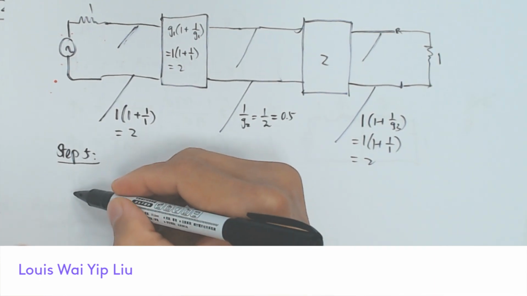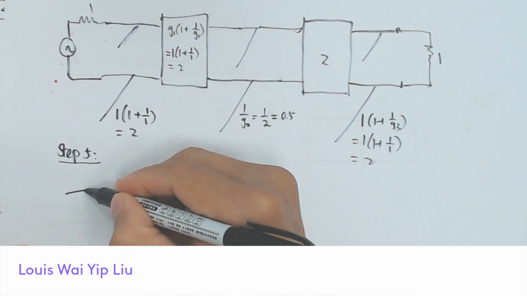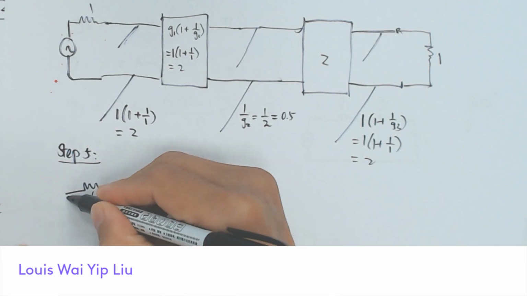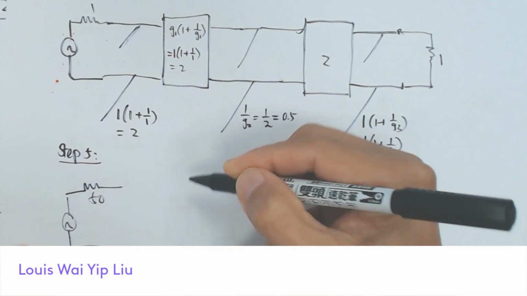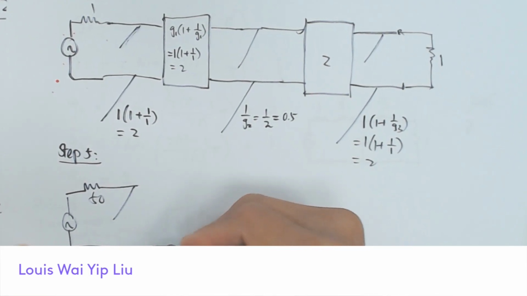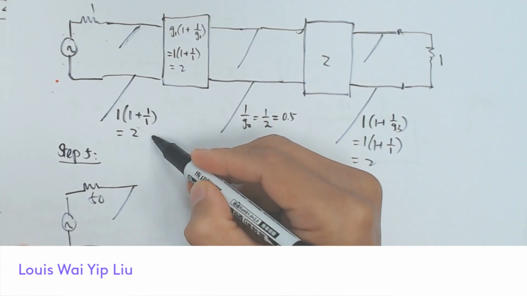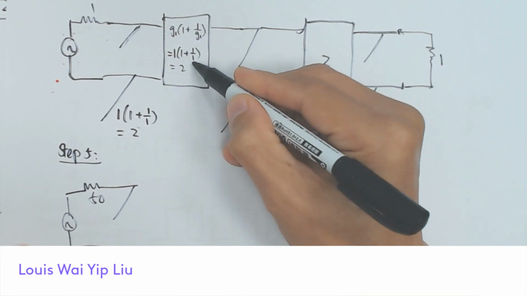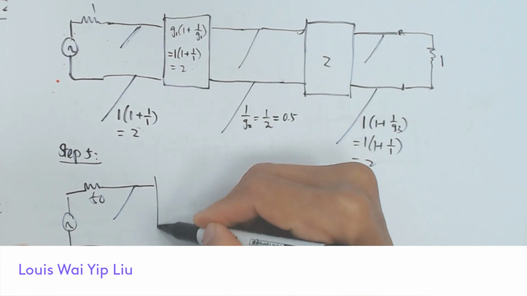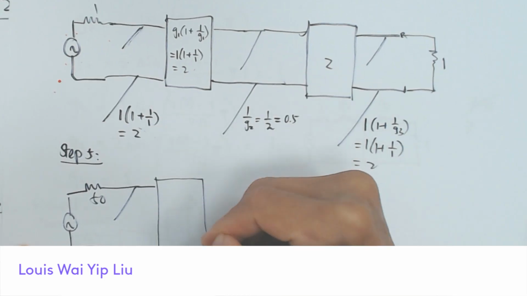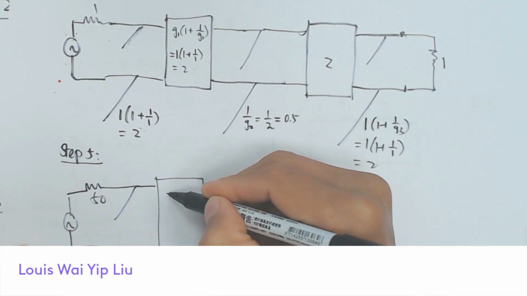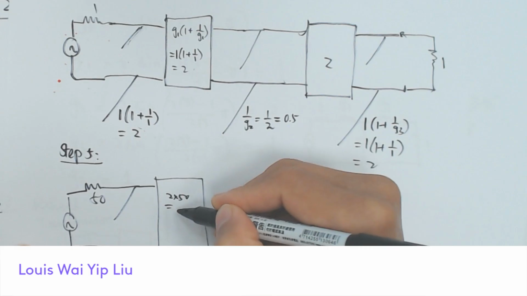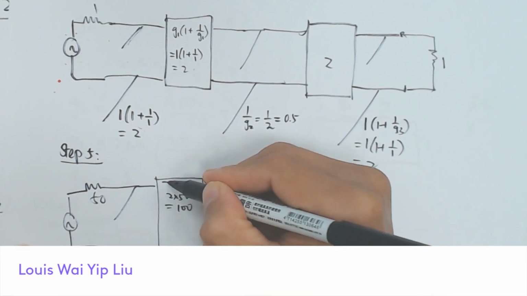And this one will become 50 ohm. This one here will become 2 times 50, so 100. And this one is 2. So this transmission line section here is 2 times 50, which is 100.